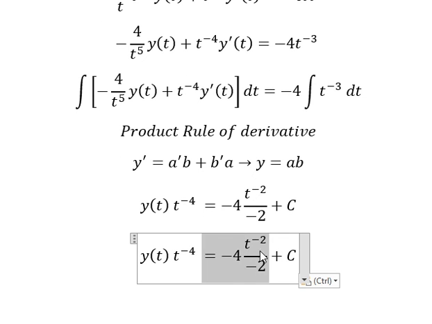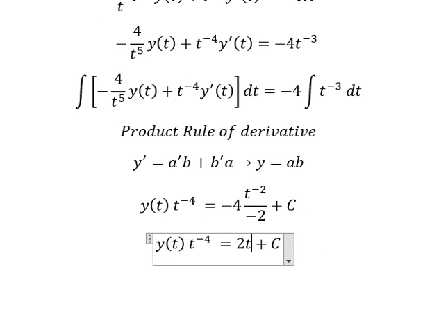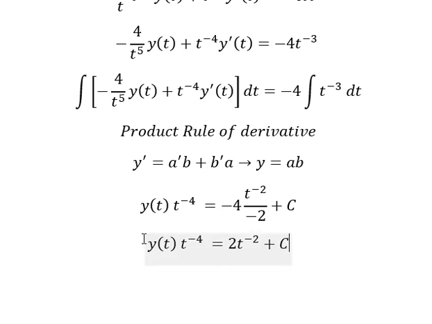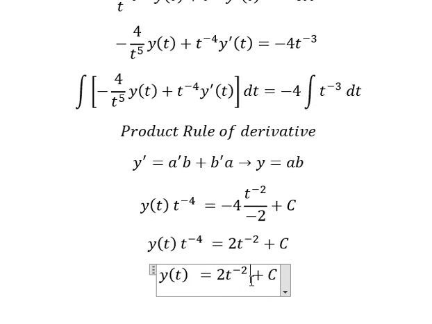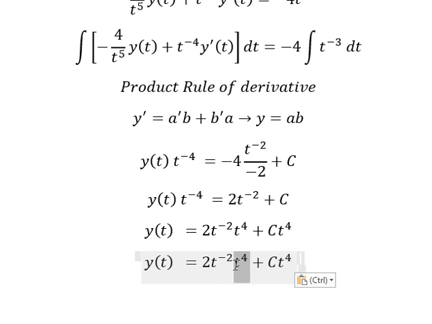This one we have 2t to the power of negative 2. Later, we multiply both sides by t to the power of 4. This one we have t squared.